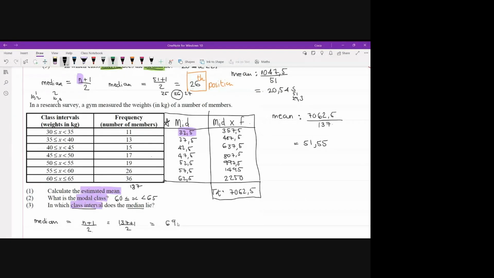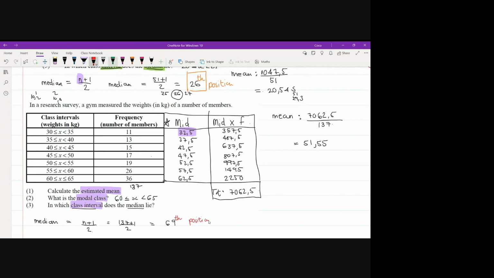What does that 69 represent? That's it, V. Absolutely. It represents the value in the 69th position. So we're going to look for the value in the 69th position.